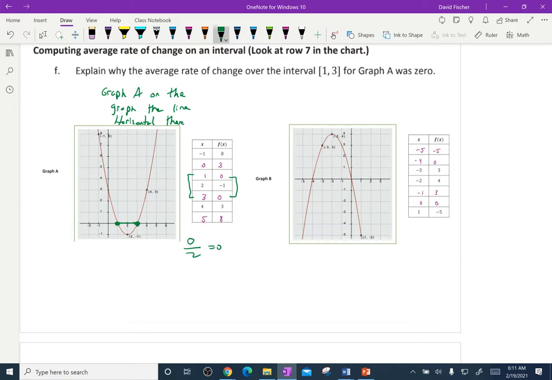Therefore, the rate of change, because that's what they're asking, is 0, because we didn't change. We went from here to here and we didn't go up or down.